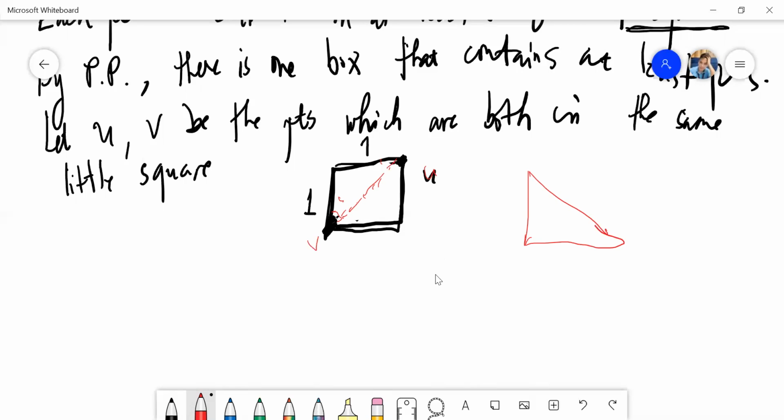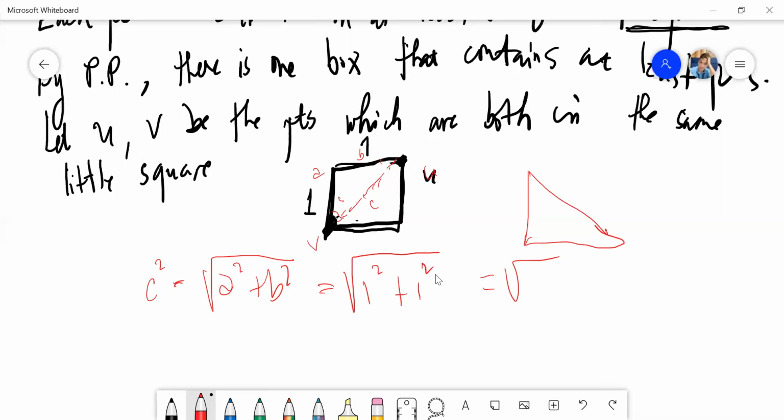Let's use the Pythagorean theorem instead. So this is our C, this is our A, this is our B. So C squared is equal to A squared plus B squared. This is equal to 1 squared plus 1 squared, so C is the square root of 2. That's it. So the farthest distance from U to V that we can go is at most square root of 2.